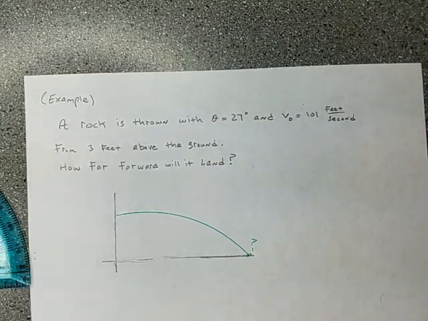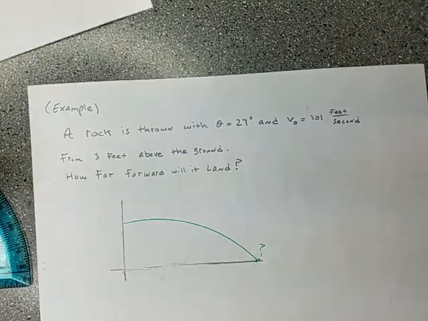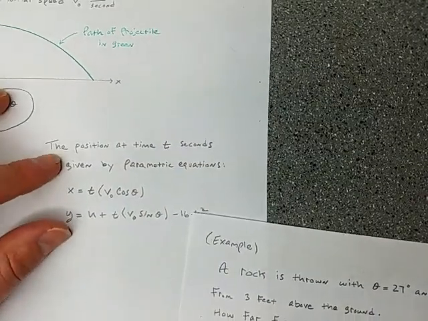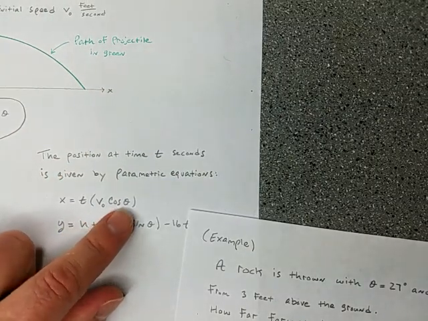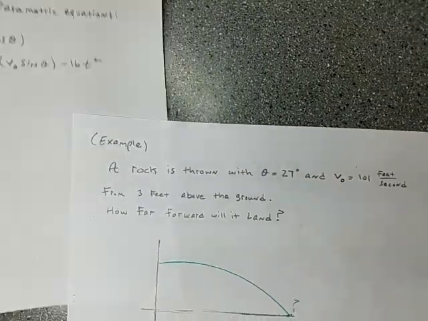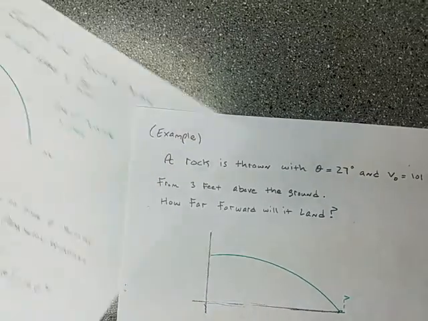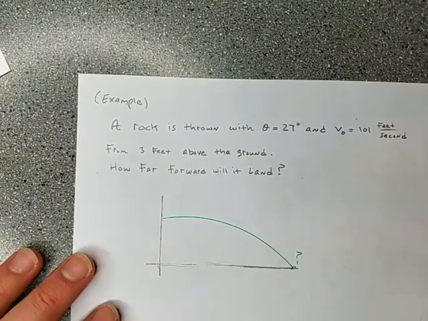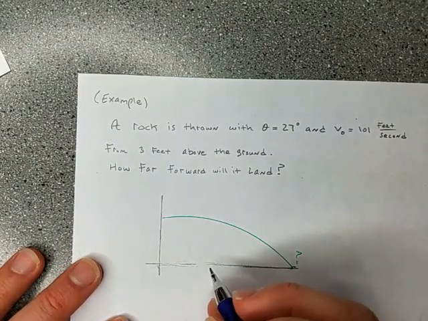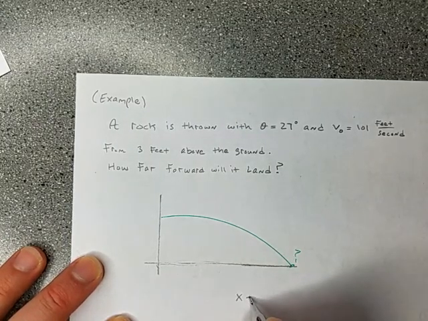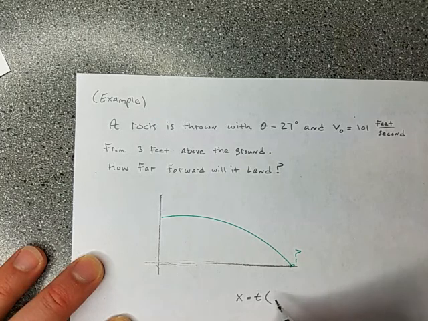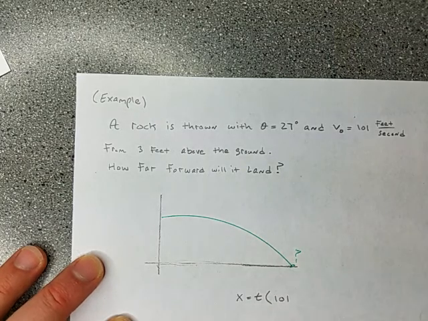Now, what are our equations? What are we working with? I'm just going to copy these down, given that I have my v0, my theta, and my h. Here are the equations that will govern that path. x is equal to t times v0, 101, times cosine 27 degrees.